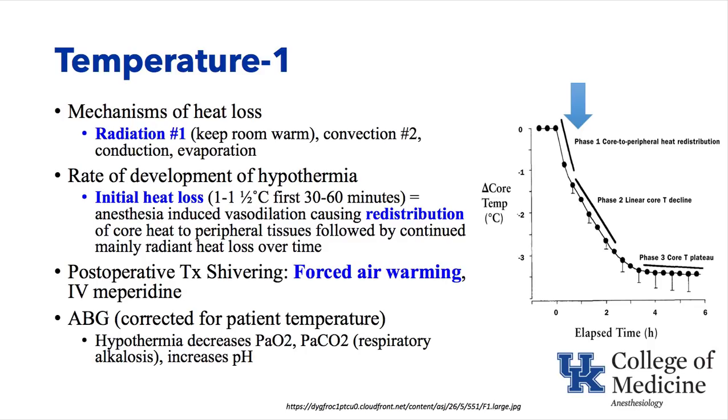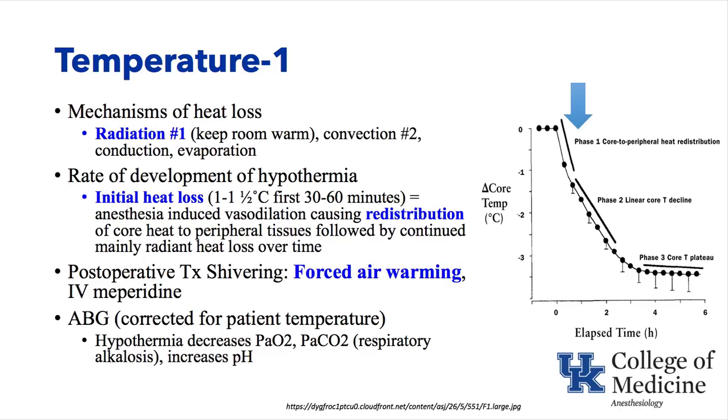Other types of heat loss can include convective heat loss, where air is blowing over you, conductive heat loss, where you're laying against something like a cold steel table, or evaporative heat loss, if there's moisture or water on you, or losing heat through your ventilation and airway humidity. But radiation heat loss is number one.